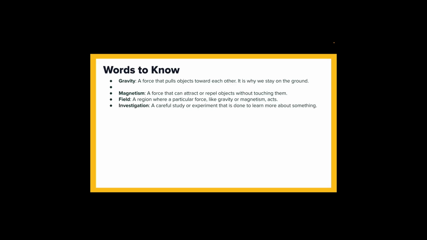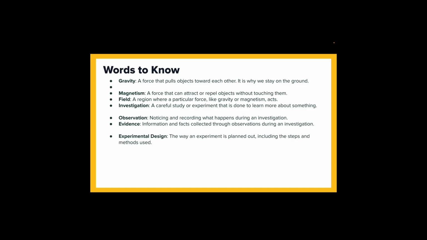Investigation, a careful study or experiment that is done to learn more about something. Observation, noticing and recording what happens during an investigation. Evidence, information and facts collected through observations during an investigation.